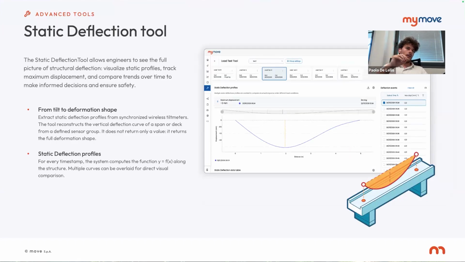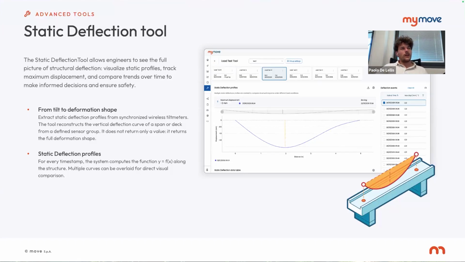Starting from the angles that the sensor collects, for example in a chain, in a span of a bridge, or in a beam, you have the possibility, with a polynomial function, to obtain the deformation and the shape of your structure.